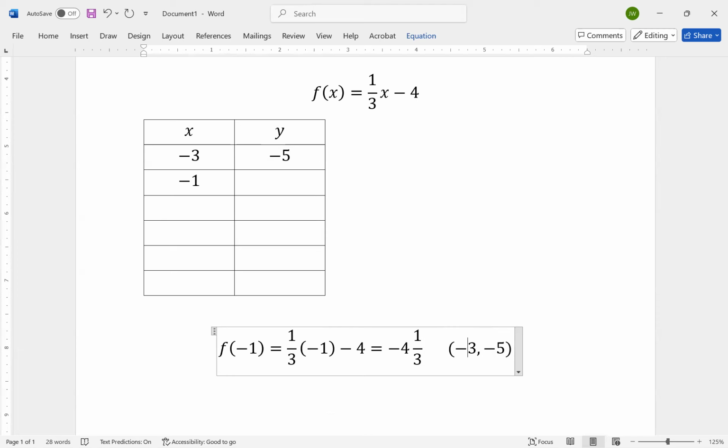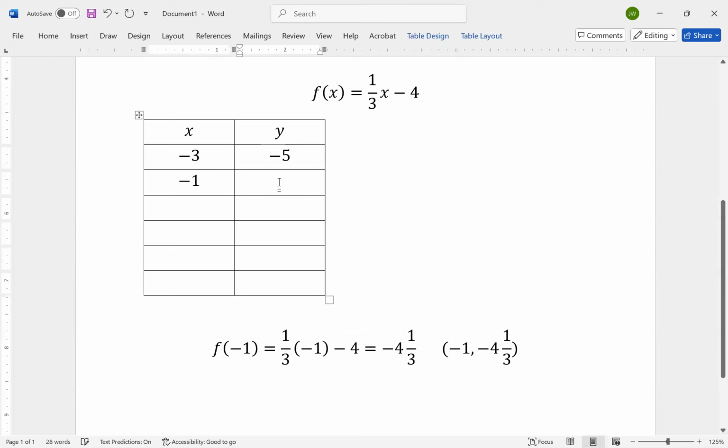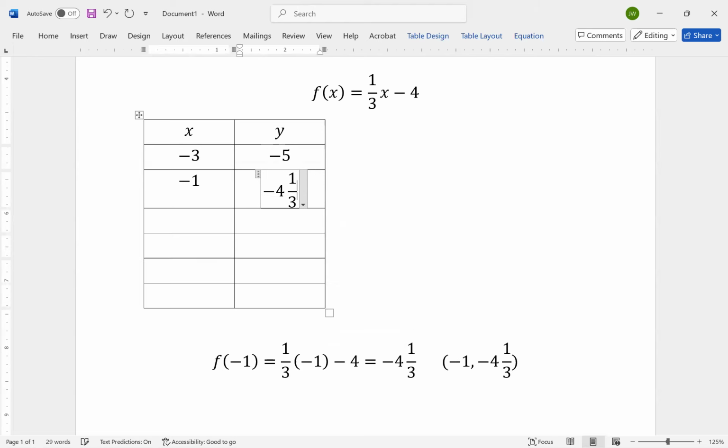So I get that my graph goes through the point -1, comma, -4 and a third. Or you could write that as -13/3 as well. Doesn't matter. When I graph, I tend to like using the mixed numbers.